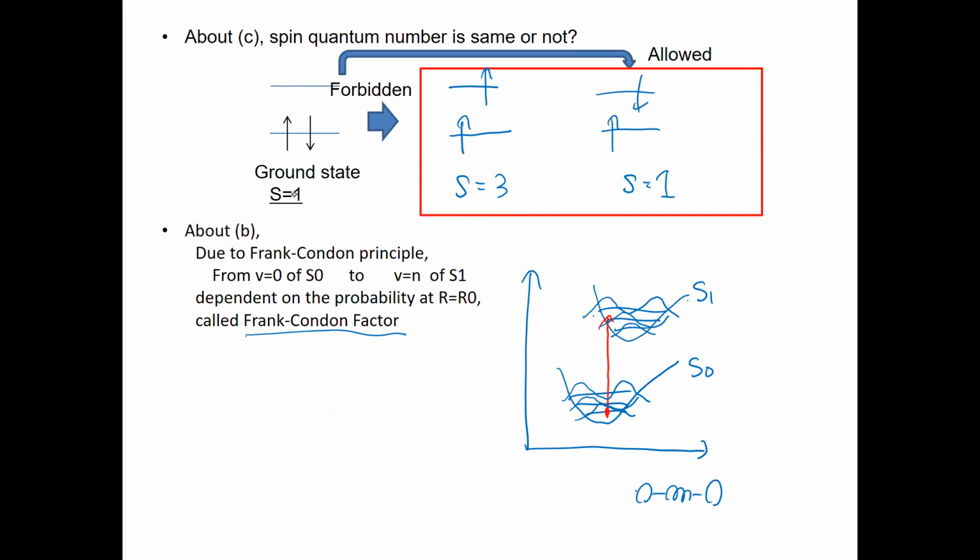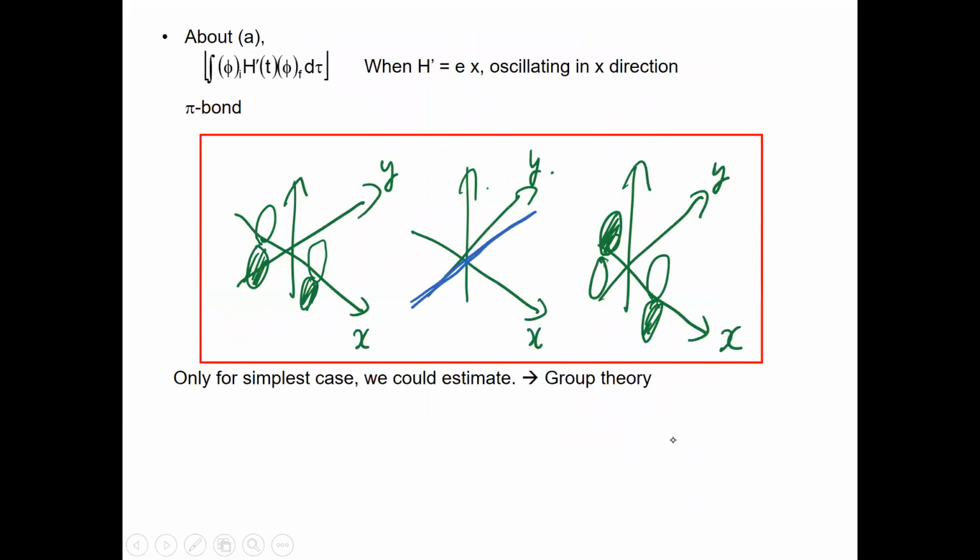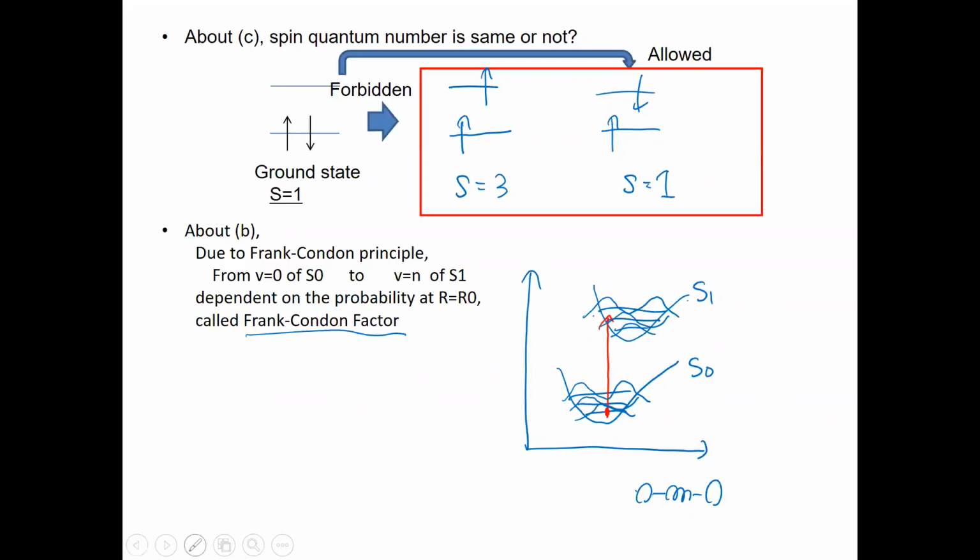And in terms of the B term, which indicates the motion of the nuclei, if you remember the reaction coordinate, just simply think about diatomic molecules connected by a spring, as I mentioned.